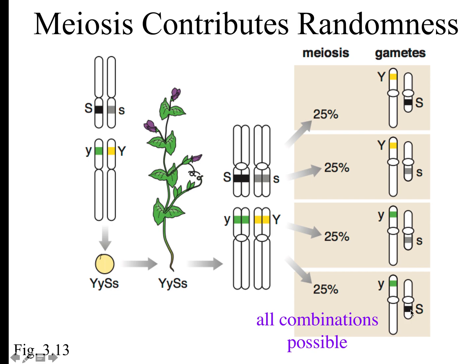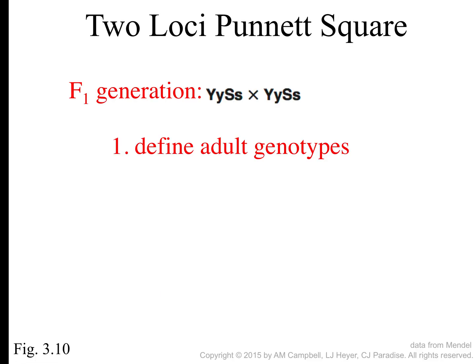So this is what you're essentially doing when you're setting up a Punnett square: figuring out from this parent what the possible gametes are. And this is the procedure that people have a really hard time with when setting up a Punnett square. Okay, so let's say these are our two parents.